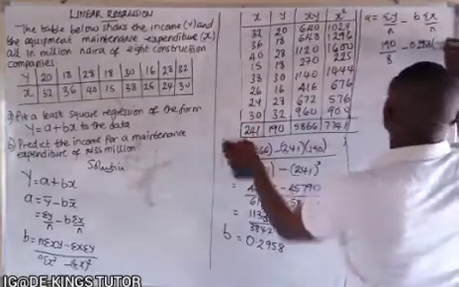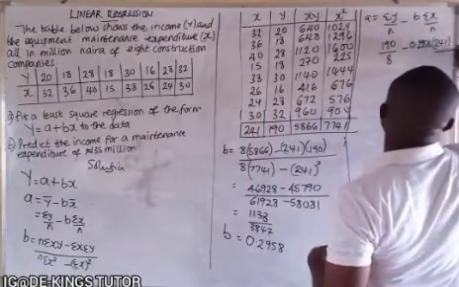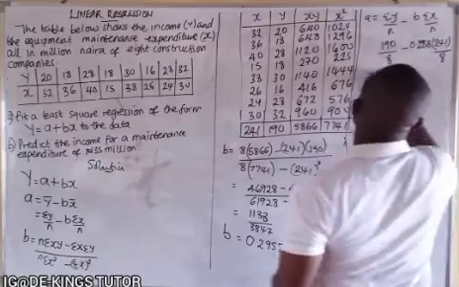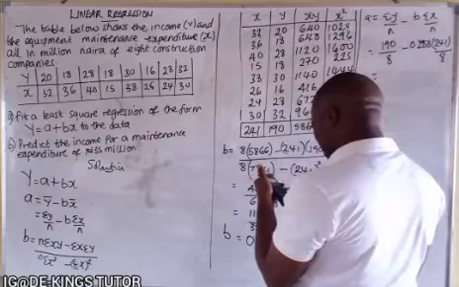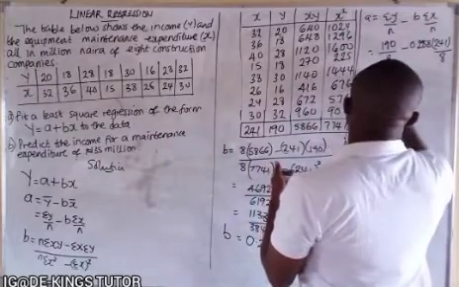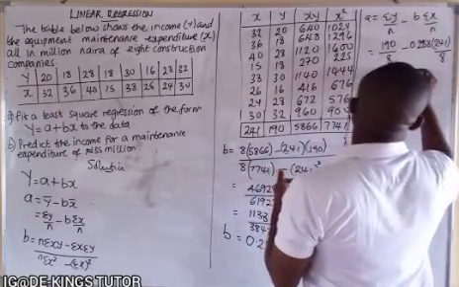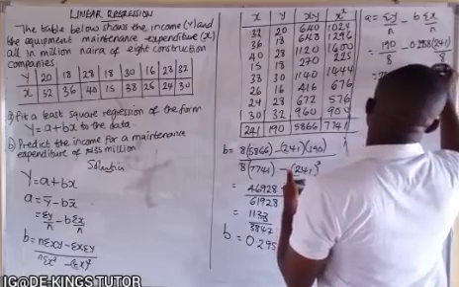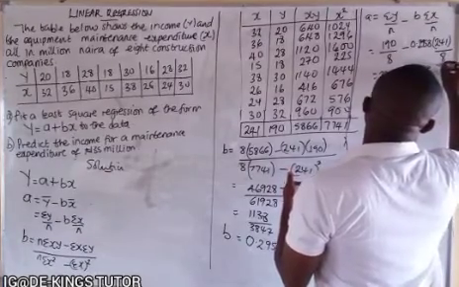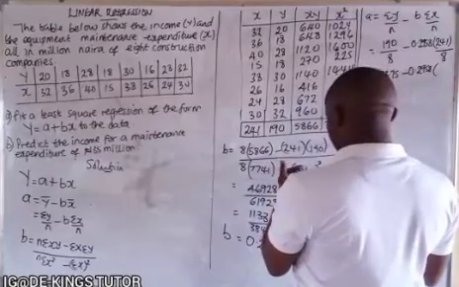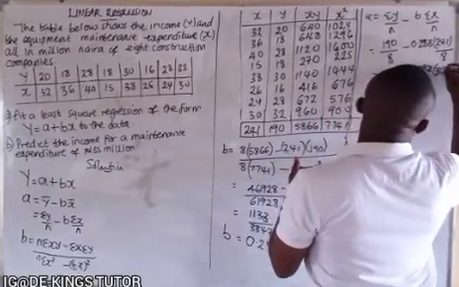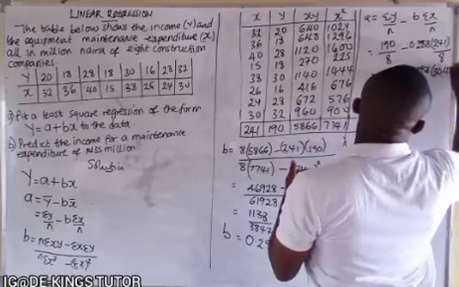Summation x is 241 over 8. So I'll have 190 divided by 8, which is 23.75, minus 0.2958 times 241 divided by 8, which is 30.125.